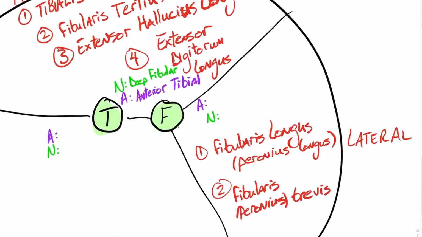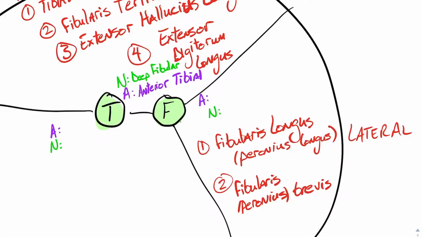Now let's consider the innervation. How's that innervated? This is the superficial fibular, also known as peroneal nerve. So superficial fibular, peroneal.